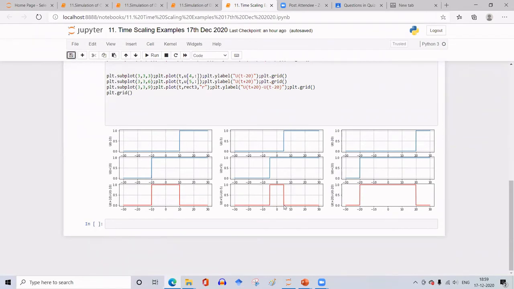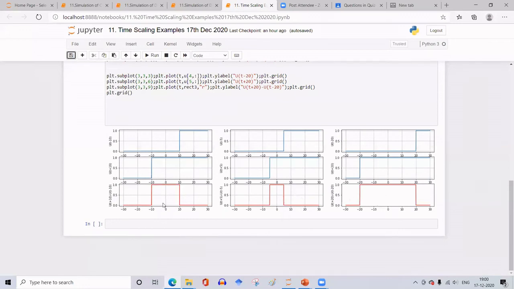And suppose I take x of t by 2, then I have to divide all the points by half, that is multiply by 2. So this becomes -20 and this is +20. So the signal exists between -20 to +20. This fundamental you know from signals and systems. This is how we scale the time axis.